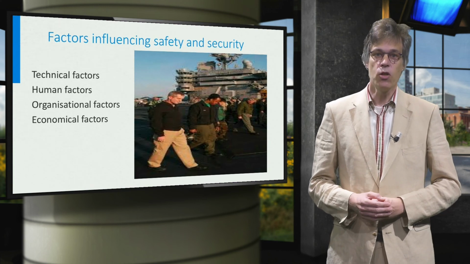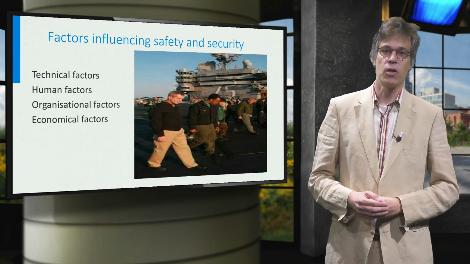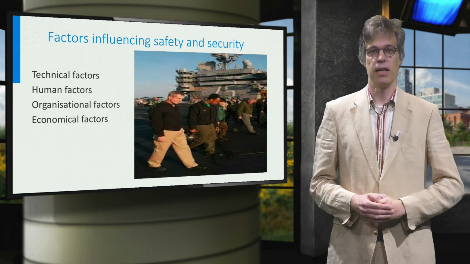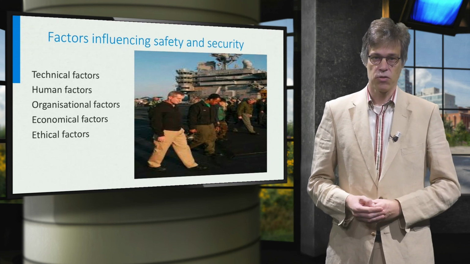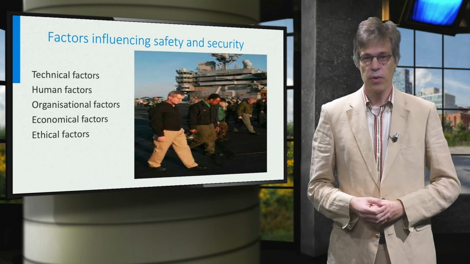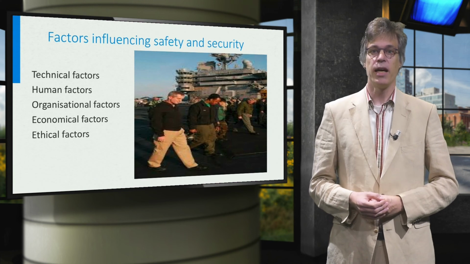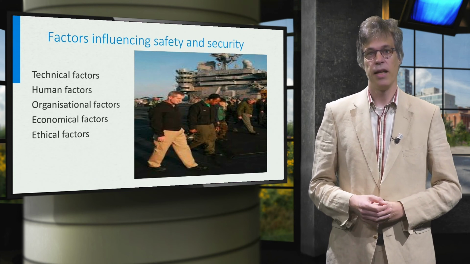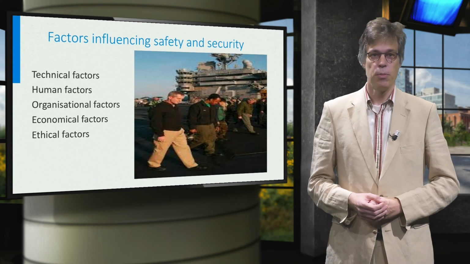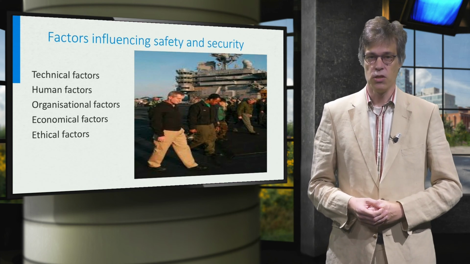In addition, the economic factor to study safety from a cost-benefit framework is there, and the ethical factor to reflect on ethical issues surrounding risks related to loss of human life, privacy issues, and the like, also play an important role in safety and security studies.